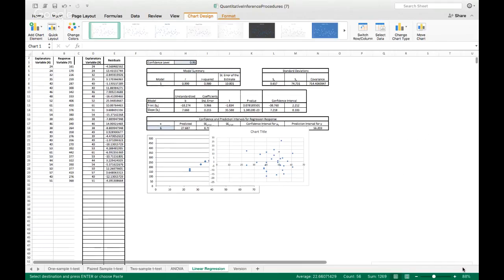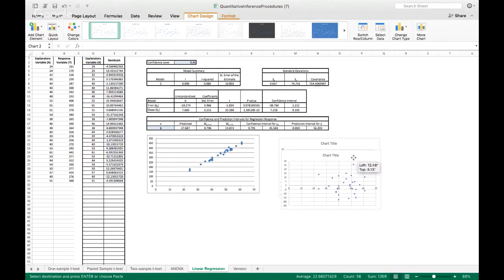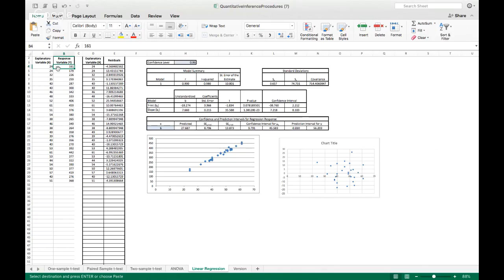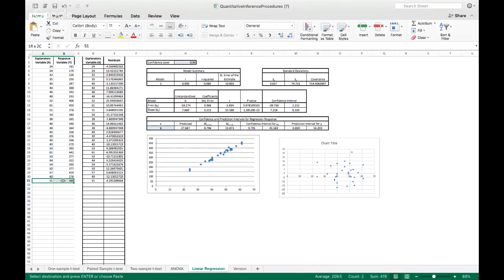Mine goes up like that, but there's also like 50 little dots all along where it's 20, 40, 60, 80. Oh, that's weird. Does it have the same numbers, like 24, 161, or did they switch? Mine still say 24, 161. And does it end at 51, 368?